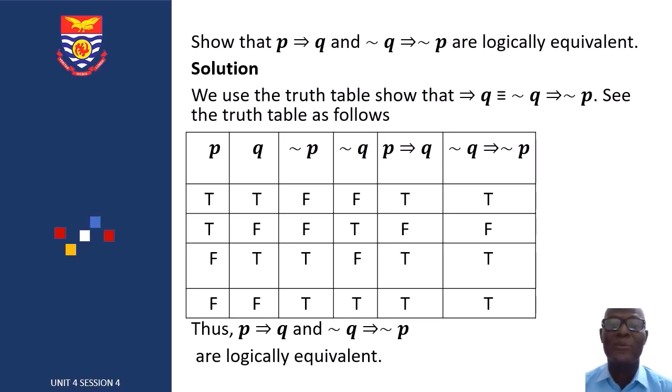Now in the table we saw that P implies Q is the same as the negation of Q implies negation of P. Hence, we can conclude that logically they are equivalent.